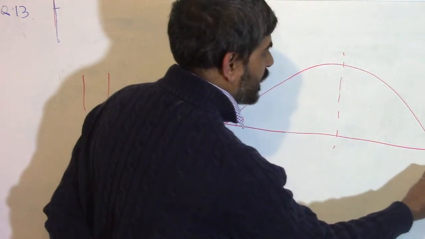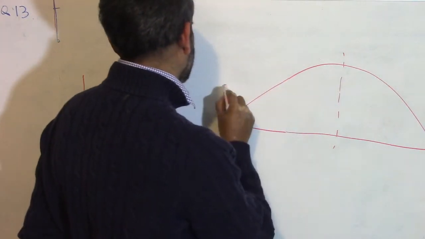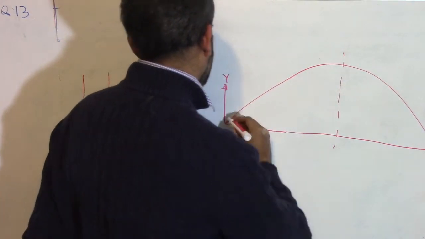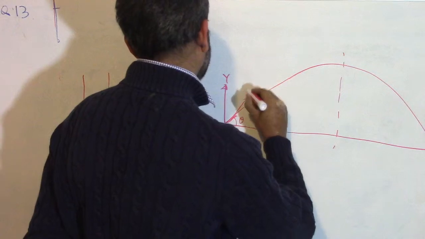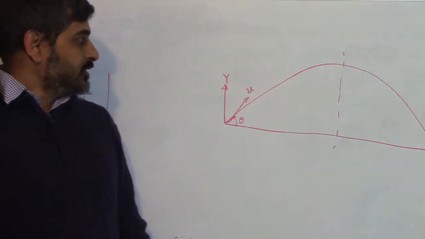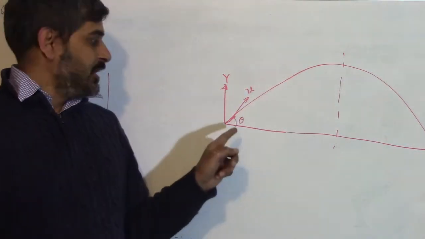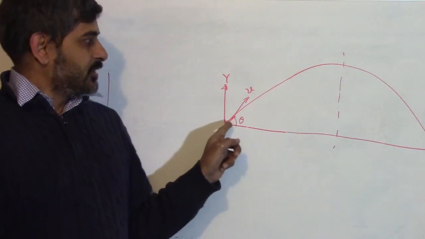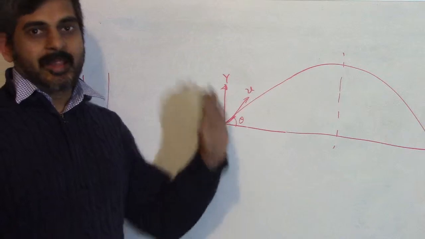This I am calling the x-axis and this the y-axis, and the initial velocity is u making an angle theta. So these are the things given: an initial velocity, an angle with the horizontal, and that's it.